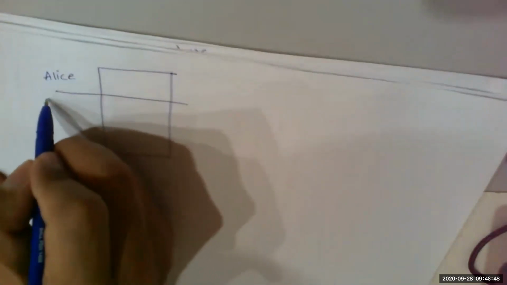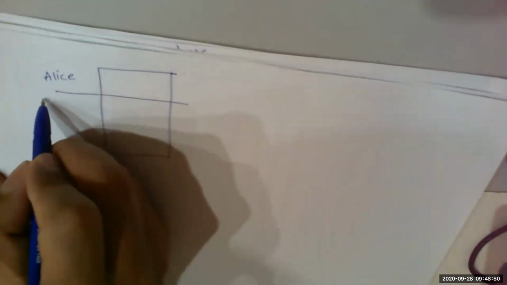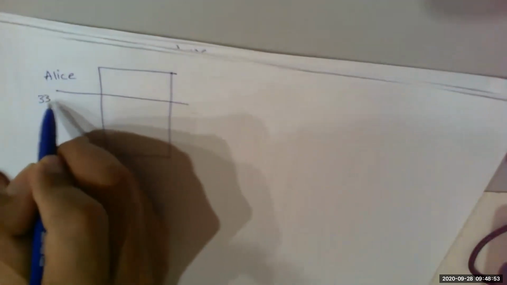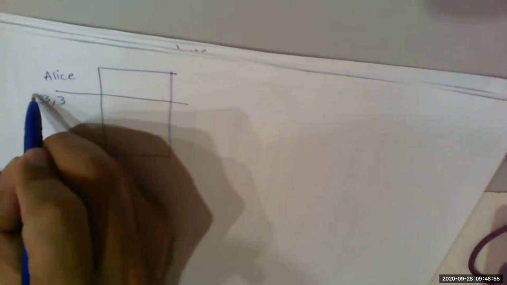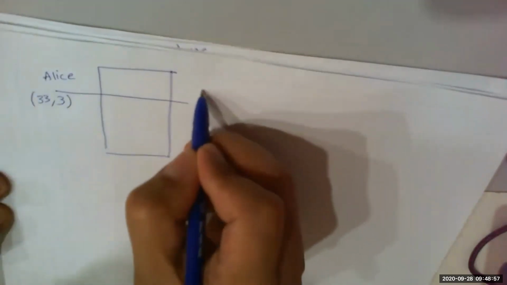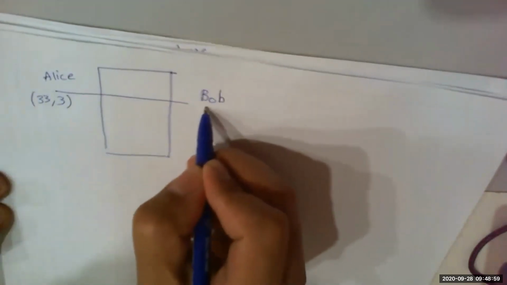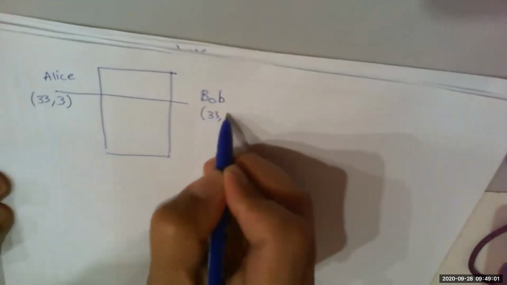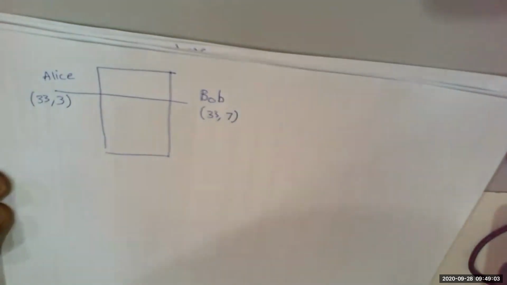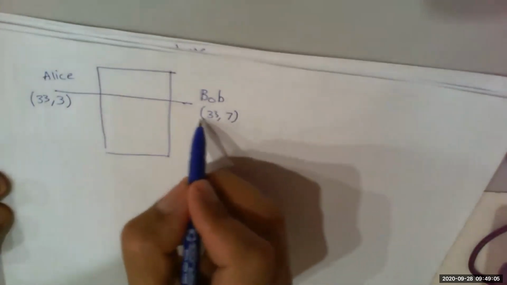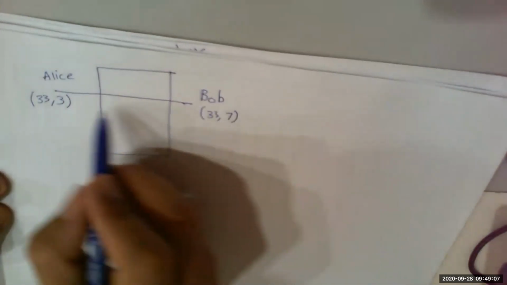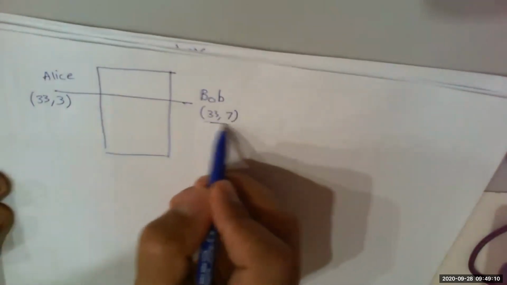She has her private key, which is 33 and 3. And Bob has the public key, which is 33 and 7, and Bob can use the public key here.